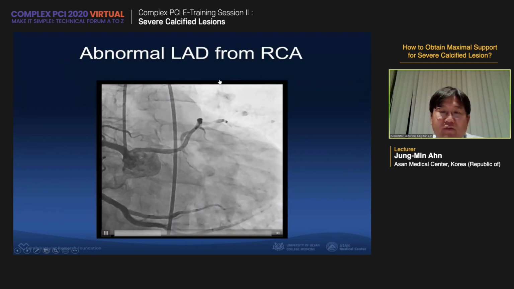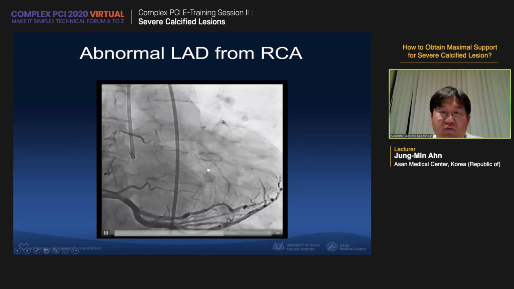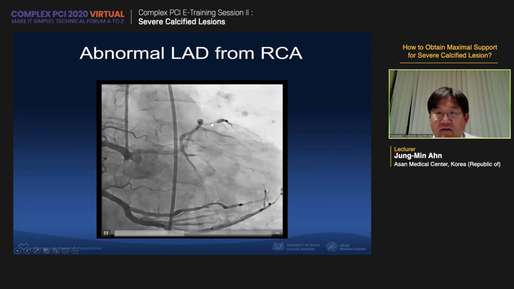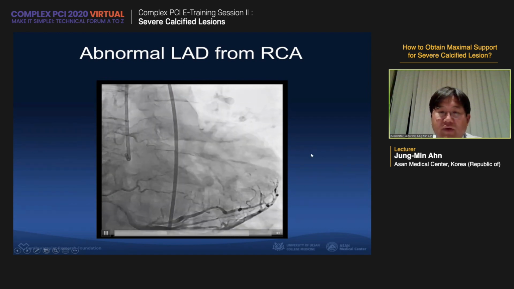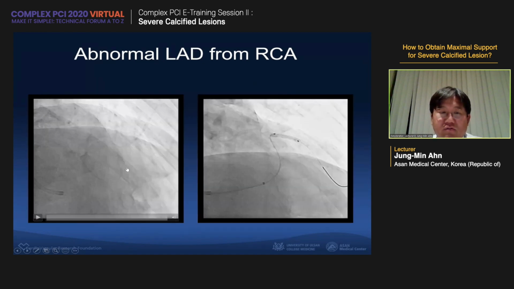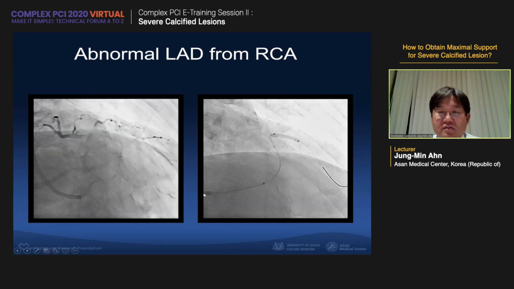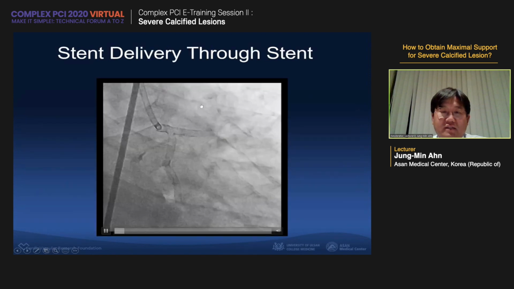Here is an abnormal LAD from the RCA, and we want to treat the mid LAD, but it is a long way. So, a very long tortuous lesion. When you insert the catheter, you can treat the lesion like this.